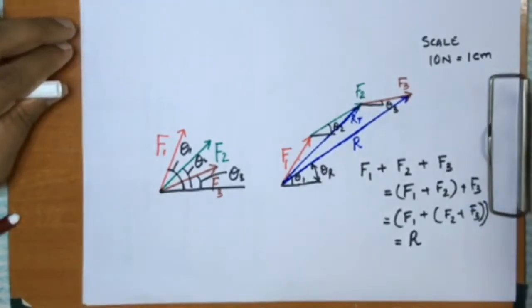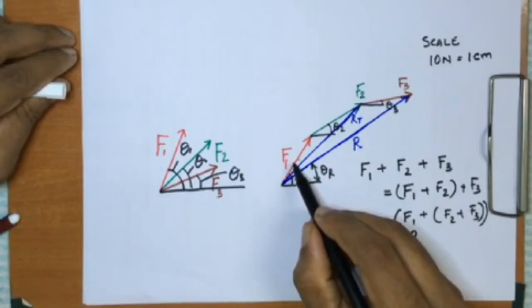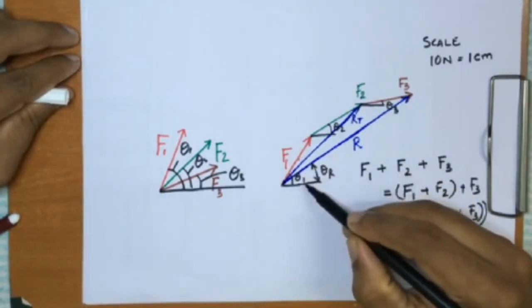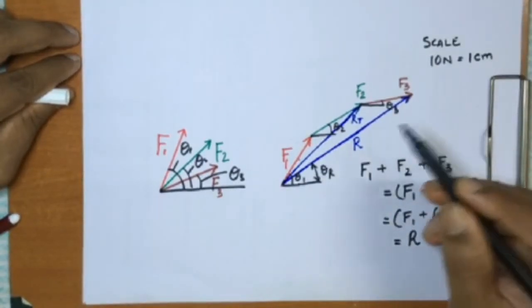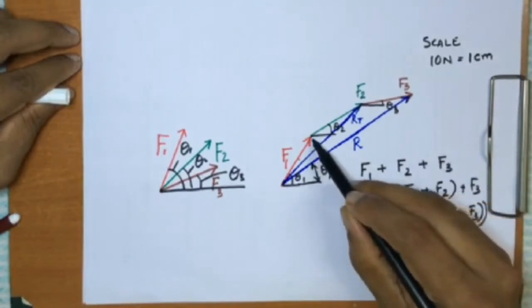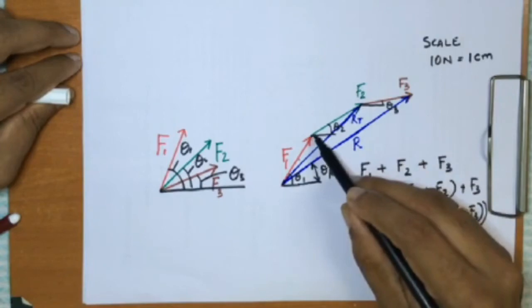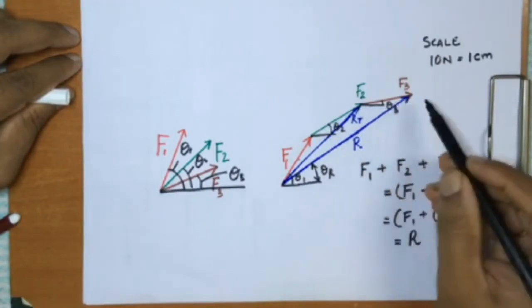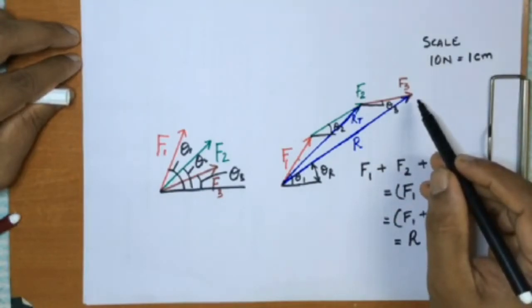So in that case, say suppose if F1 was 50 newtons, I will draw this vector at the given angle theta 1 for a length of 5 centimeters, which represents 50 newtons. Similarly for F2, if it was 60 newtons, I will draw a line of length 6 centimeters, and similarly for F3, say if it was 35 newtons, I would draw a line of 3.5 centimeters.